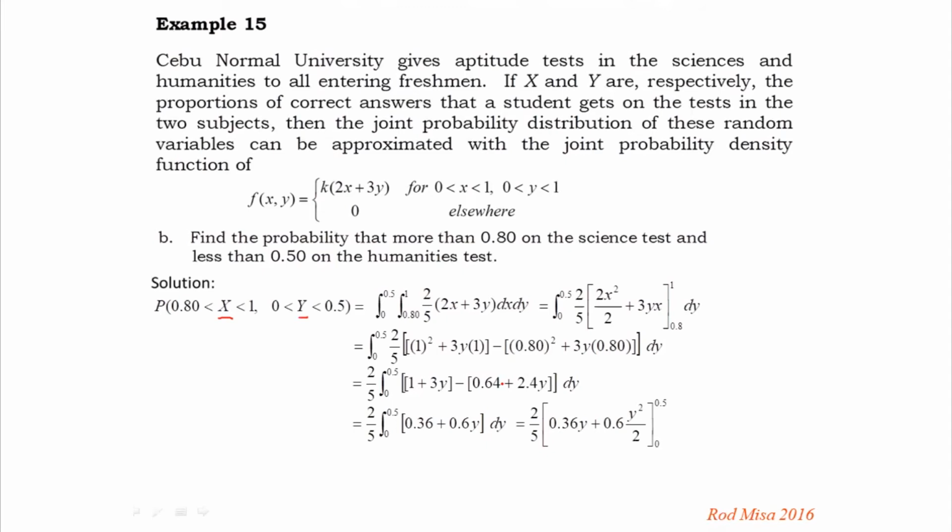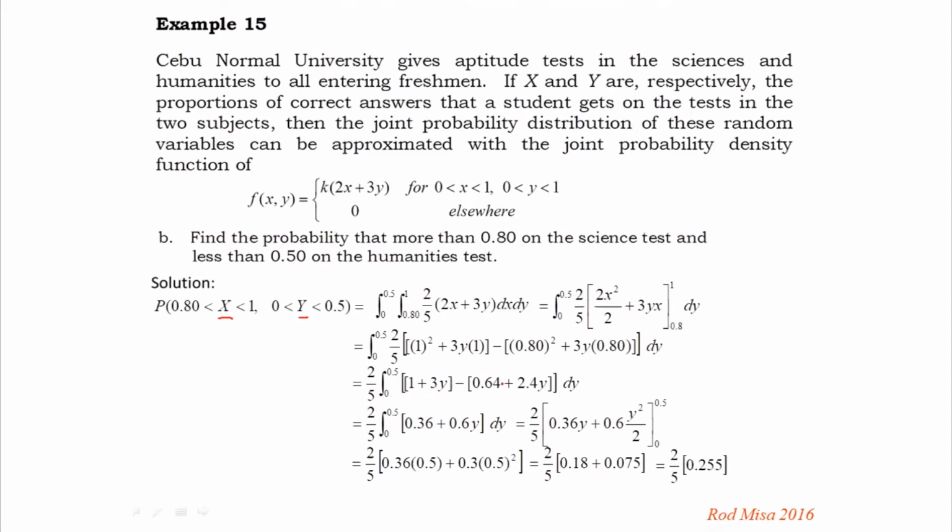Then therefore, integrating this expression again with respect to y, we have 0.36y as the integral of 0.36 with respect to y. And 0.6 of y squared over 2 is the integral of 0.6y with respect to y. And then substituting our limits of integration, we have 0.36 times 0.5 plus 0.3 times the square of 0.5. And then subtracting by the expression when 0 is substituted, the result is 0. So therefore, our simplified answer is 0.18 plus 0.075.